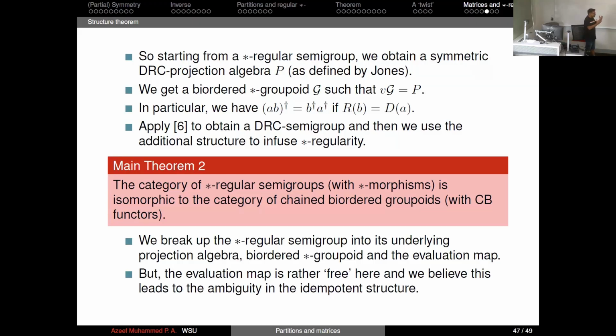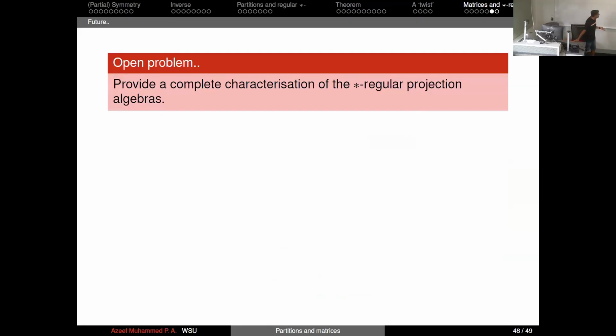It's so general that you can actually come up with a structure where you have two evaluation maps, but one evaluation map depends on the previous one.